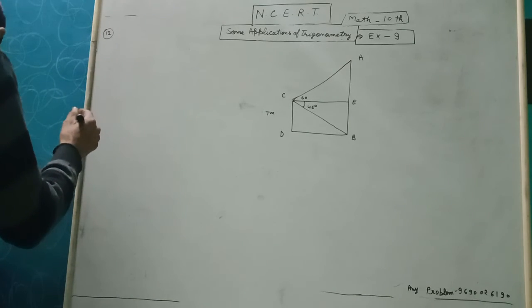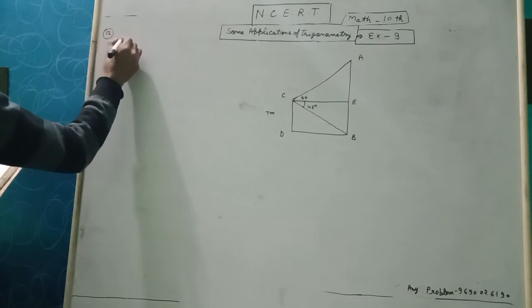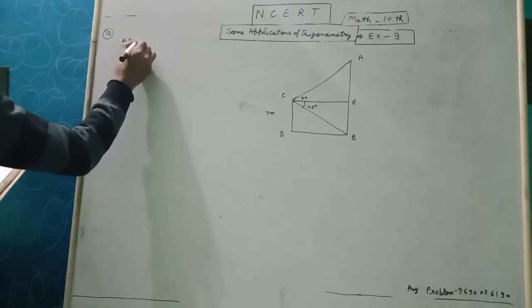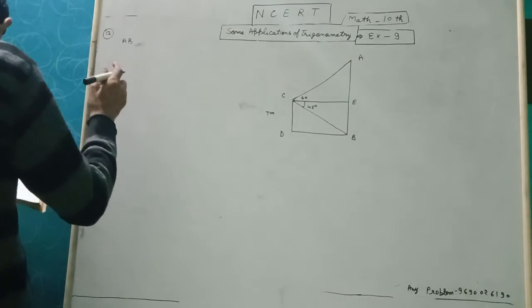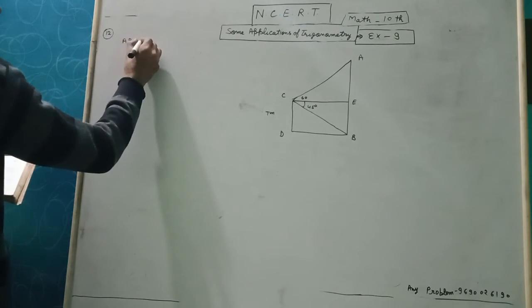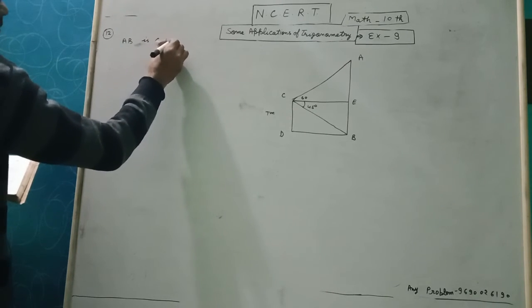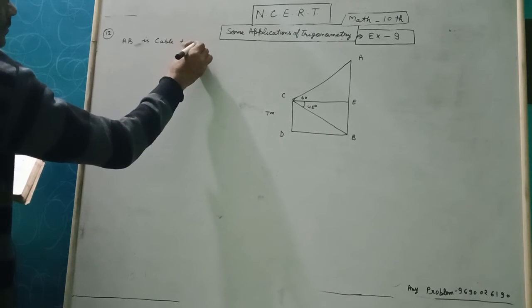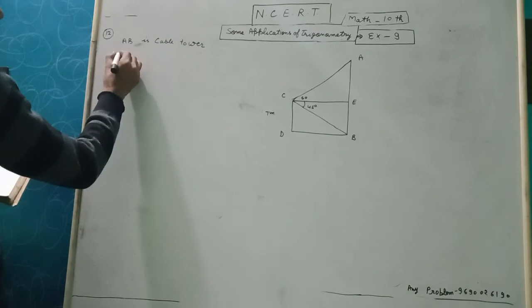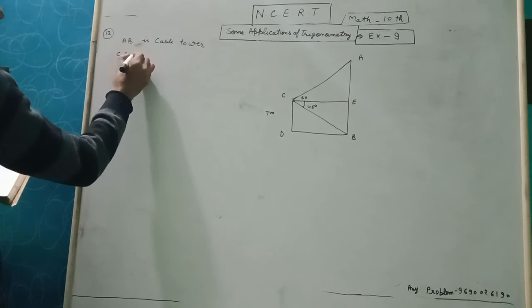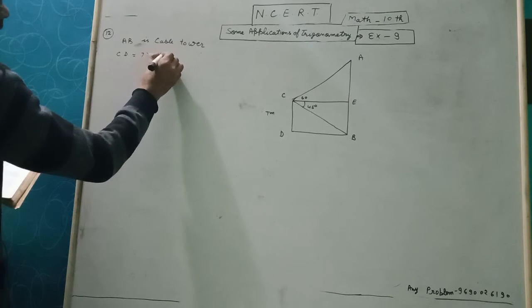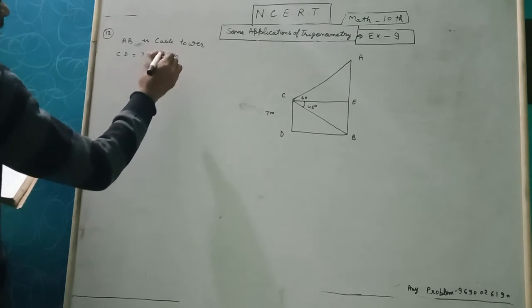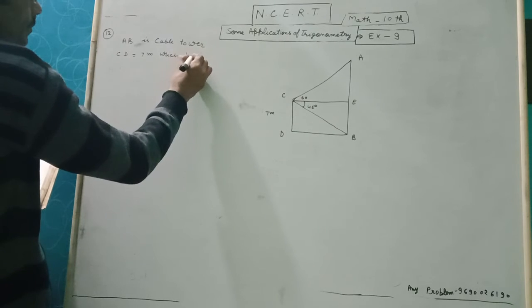Question number 12. AB is cable tower. CD equal 7 meter is the building.